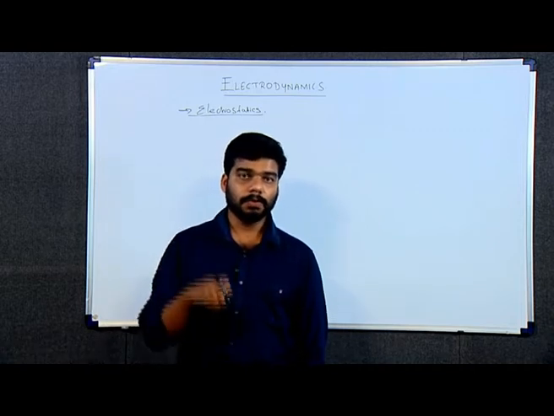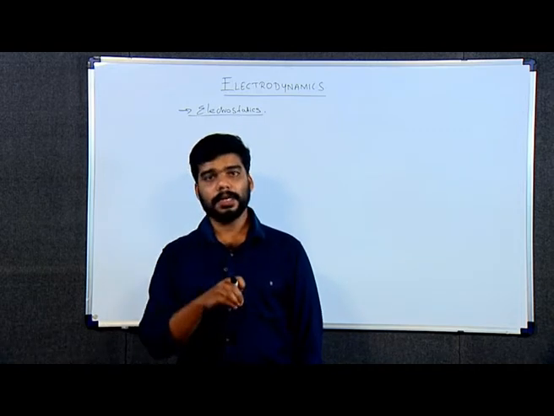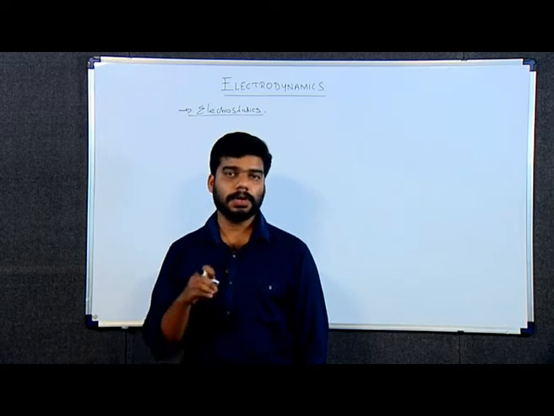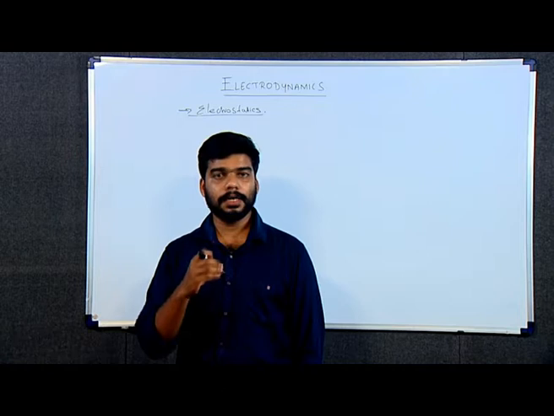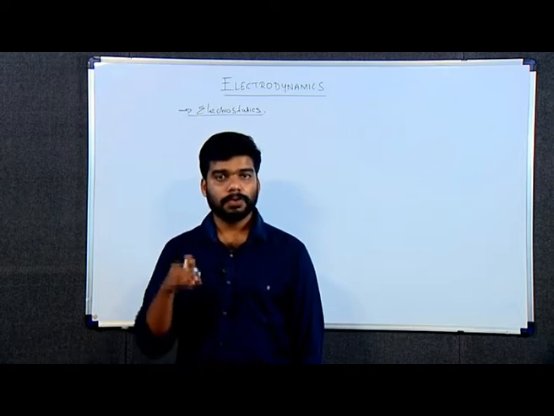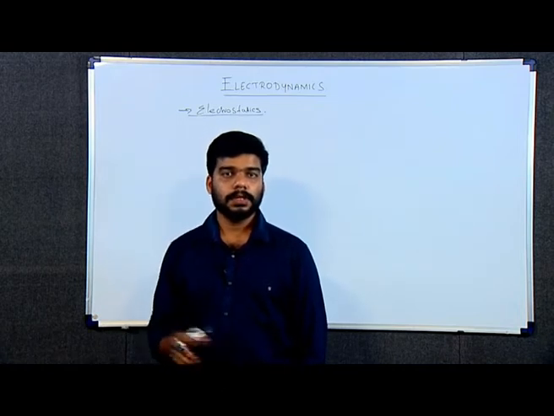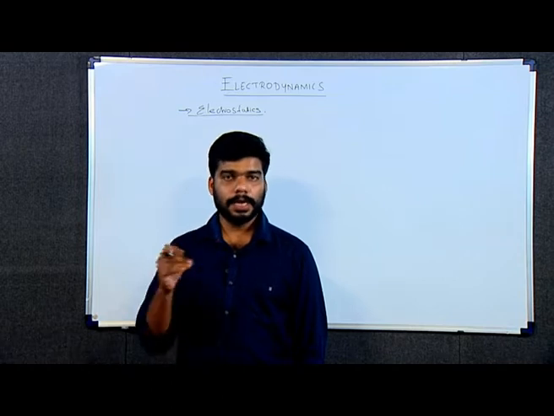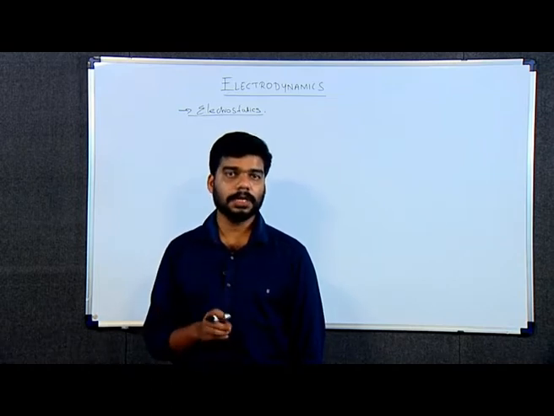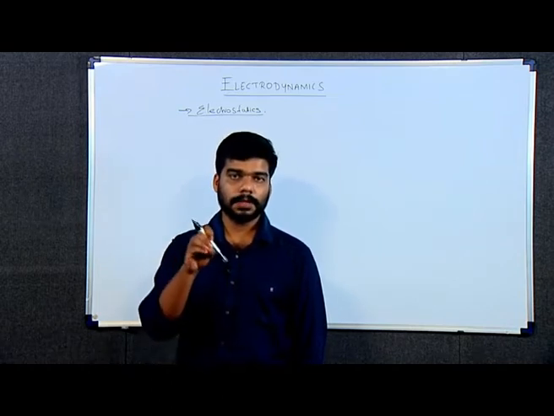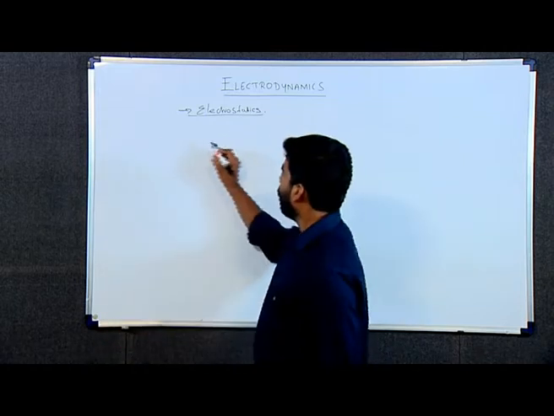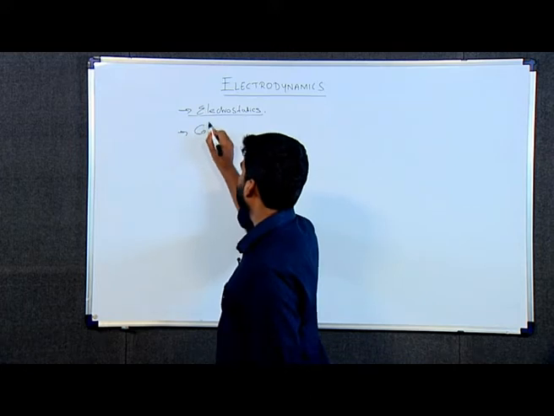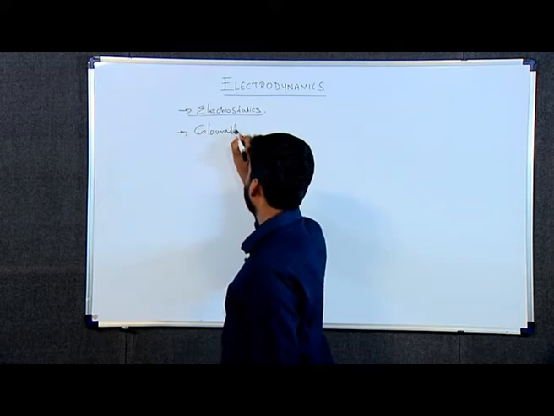If the charges are in motion, then, as you have learned in lower classes, they may create some current, and according to that current there may be some magnetic field. So from this point onwards, we are only dealing with a group of charges or a single charge which is only steady. Okay. So first we'll go about the basic law, which is Coulomb's law.